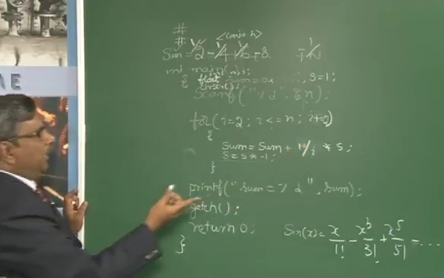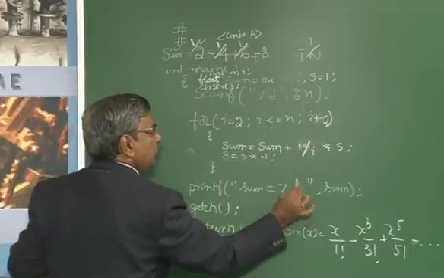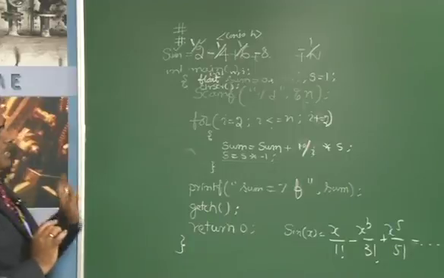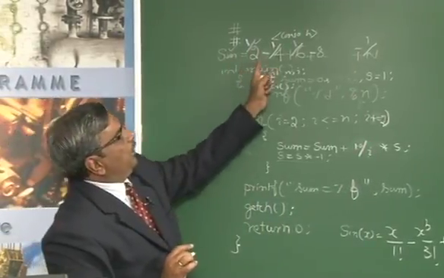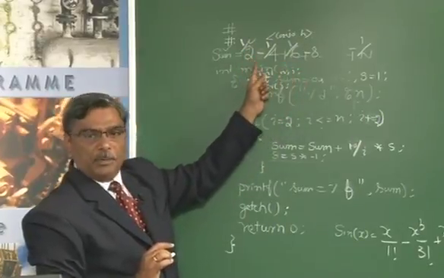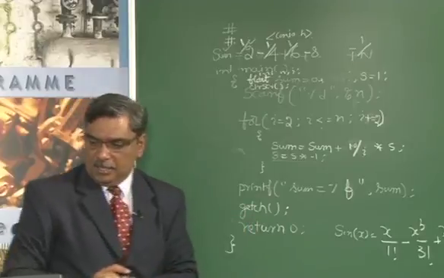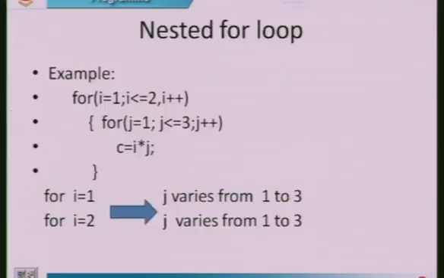Then you will get your result sum in floating value; change the control string to percentage f. These are all the small minor changes that should be done whenever the problem changes from the integer domain to the floating point domain. So, this is regarding the usage of for loop in programming.